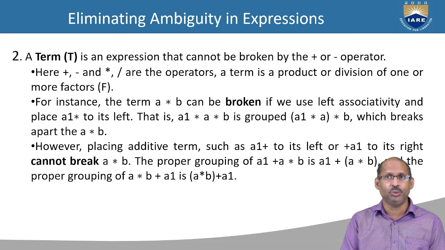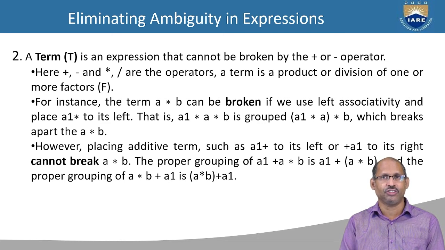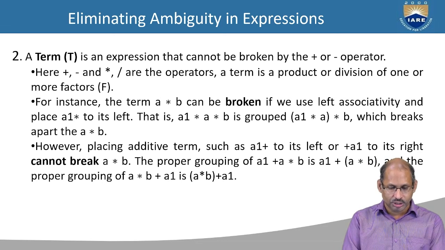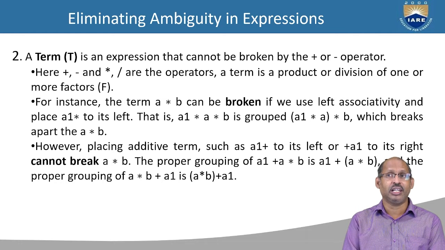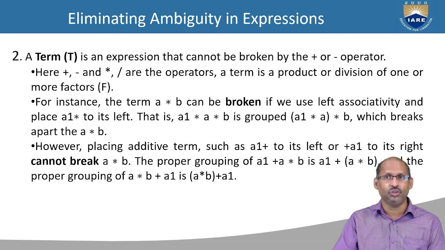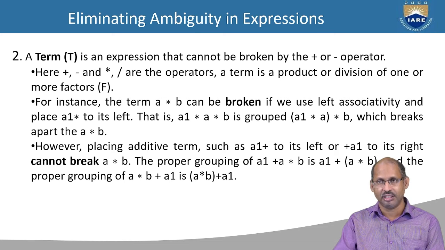For instance, A into B can be broken if we use left associativity and place A1 into its left; that is, A1 into A into B is grouped as (A1 into A) into B, which breaks apart the A into B. However, placing additive terms such as A1 plus to its left or right to its right cannot break A into B. The proper grouping of A plus A into B is A plus (A into B), and the proper grouping of A into B plus A1 is (A into B) plus A1.